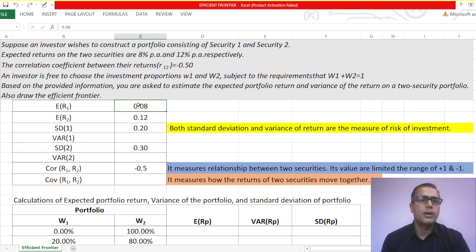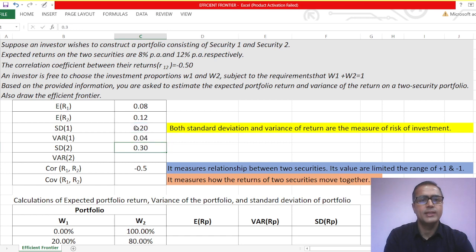Now we organize this information. ER1 is the expected return on security 1, ER2 is the expected return on security 2, and this is the standard deviation, which measures the total risk. Variance is the square of the standard deviation.